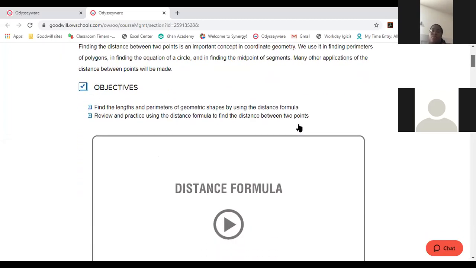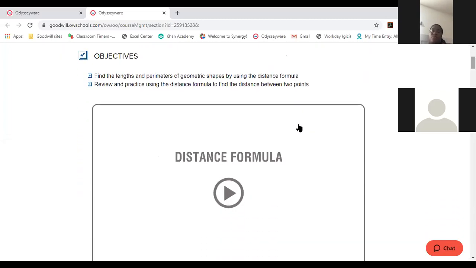Some of you that I've seen plotting points on your graphs in OdysseyWare are not plotting the points correctly. So it's going to be difficult to use the values of the points, the ordered pair, to work the distance formula if you don't understand where these points are going on the graph. Remember, the x and the y go together. First you move the x and then you move the y and then you place the point on the graph.